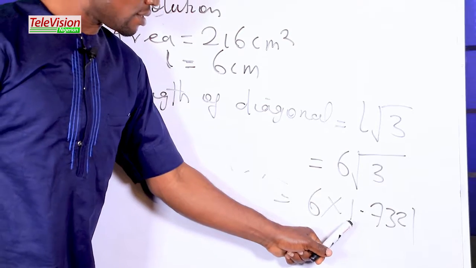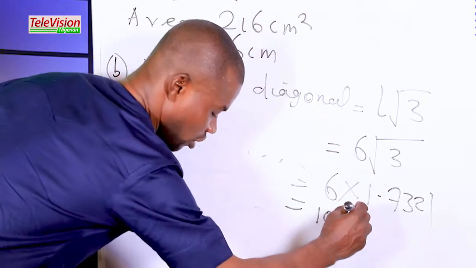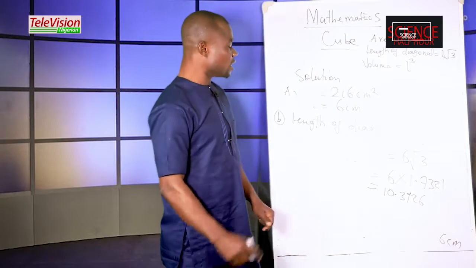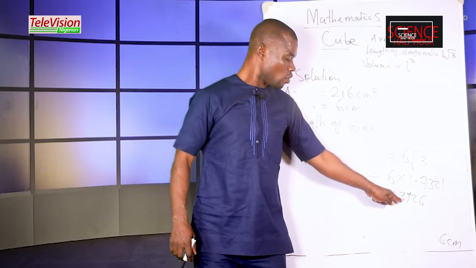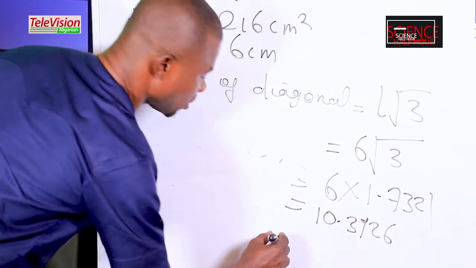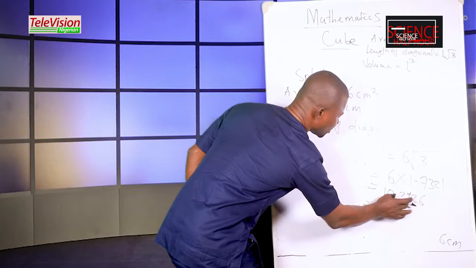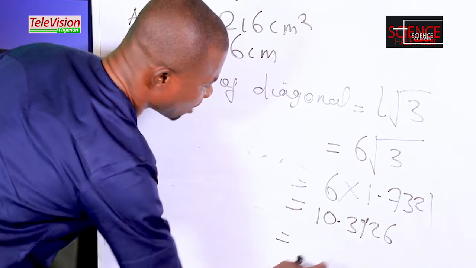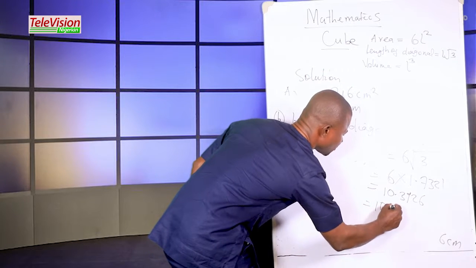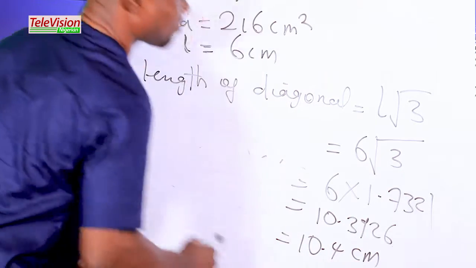We multiply 6 times 1.7321. The answer is 10.3926. We approximate to 1 decimal place. The 9 is rounded up, we make it 1 and put it to give us 4. That gives us 10.4. And the unit of length of diagonal is cm.